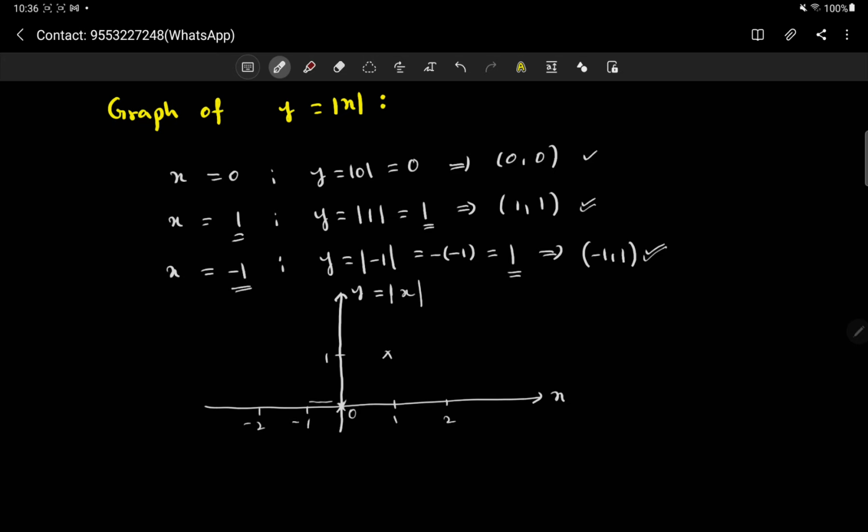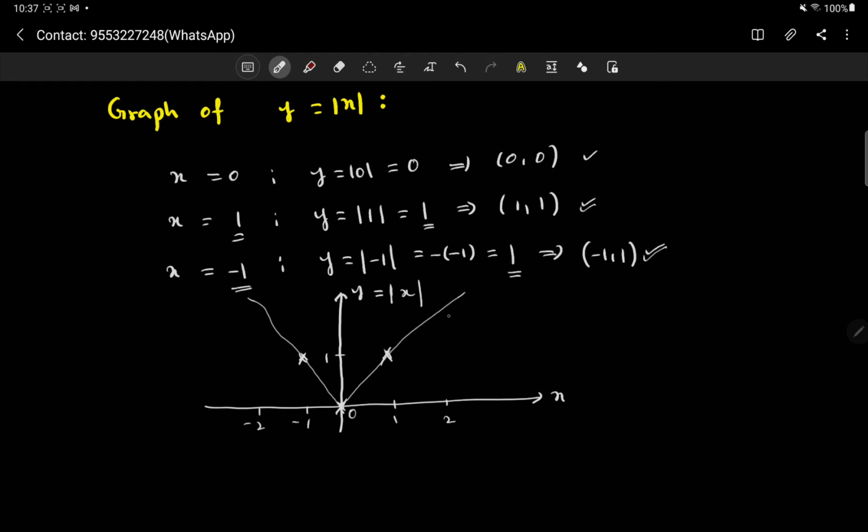So see here, the minus 1 comma 1 point will be here, right? So this will be the point. So here we have given 3 points, 1, 2, 3. 3 points I have given. Now we are joining those. We can have the graph like this.